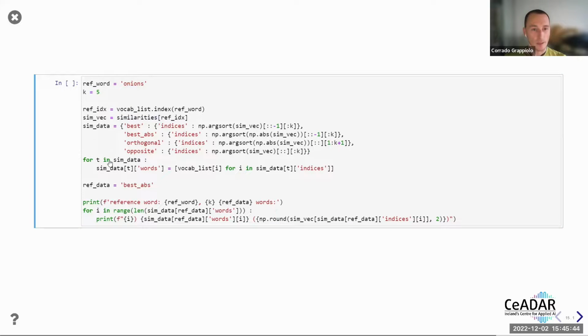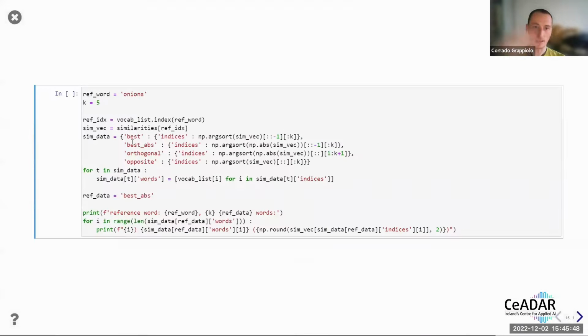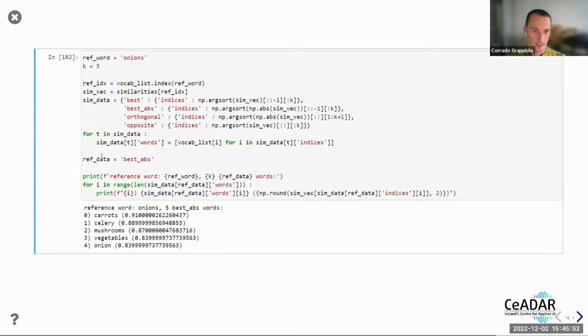Because we retrain, we would need to recalculate the similarities, but you can do it. Since this was done on a previously trained network, you get the idea of it. In this case, we want to obtain the vectors whose cosine similarity with respect to onions is closest to 1, and we get these values.